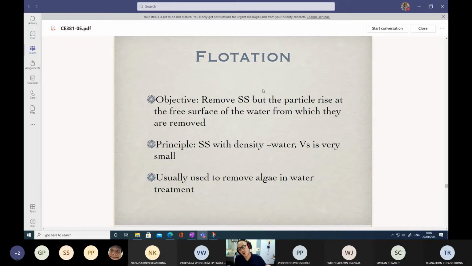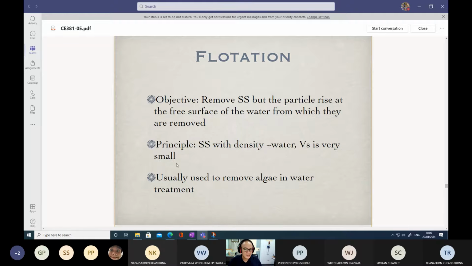That is the sedimentation tank. But here we are trying to bring all the suspended solids from the bottom to the top, and we remove them from the surface. So we only apply this process for particles with very small settling velocities.